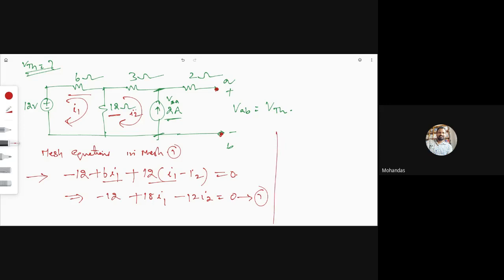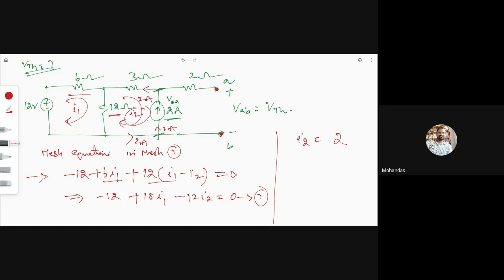Now, if you observe the second mesh, we assumed that the current is in clockwise direction and a current source is readily available. That means this is a 2 ampere current, so 2 ampere current is flowing. Can you tell me what the I2 value is here in the circuit? As there is a current source, we can take it directly as the I2 current, so I2 equals 2 amperes.